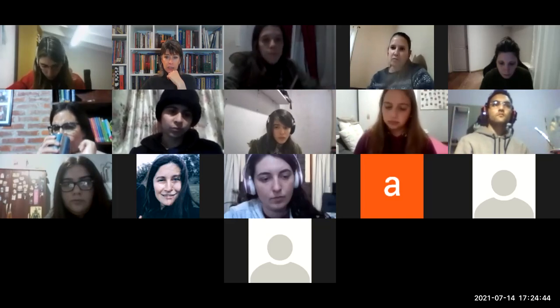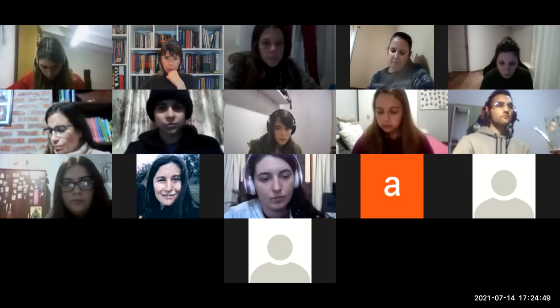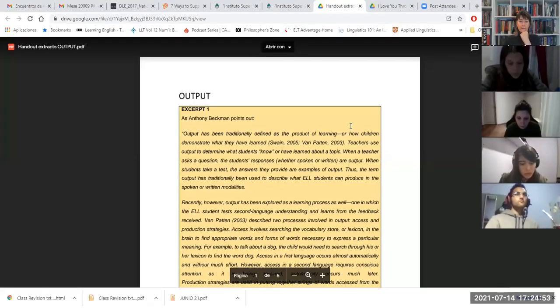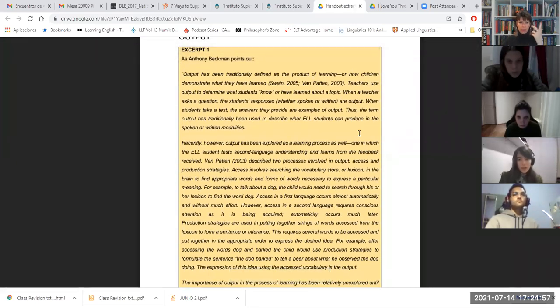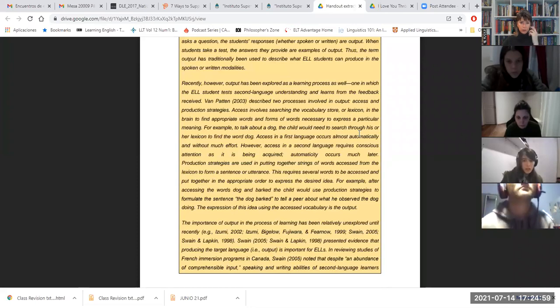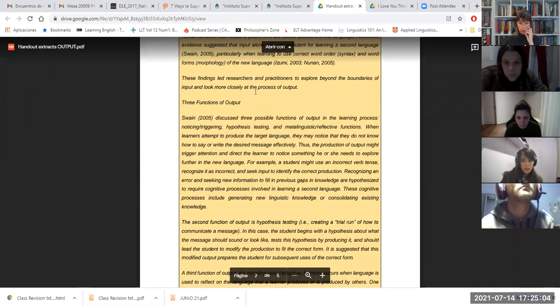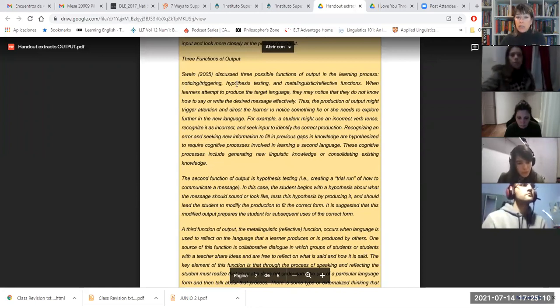Let me find, wait a minute. Which excerpt is it? Remind me, please. I think it's the first one, the three functions of output, right? I think it's the second page. Here, noticing, triggering, hypothesis testing, and meta-linguistic and reflective functions, right?